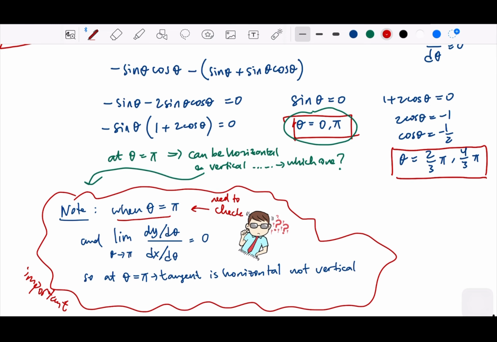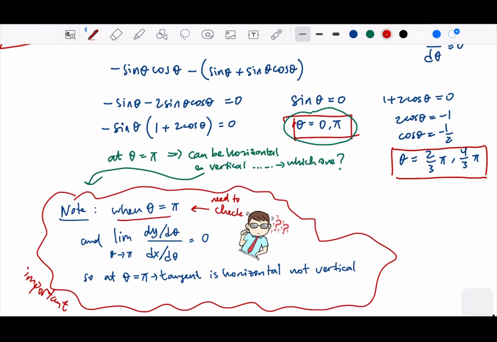So we need to test the limit, and we need to actually calculate the limit. So we put all the information of dy/dθ here and dx/dθ here and use the limit. You solve with the limit concept, and it's actually equal to 0, which means that it is actually horizontal.